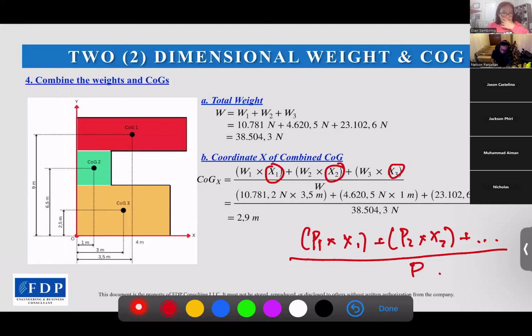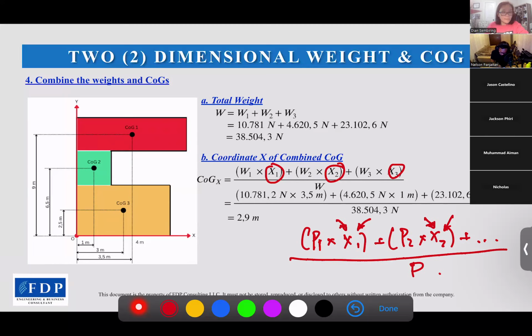So for the COGX, we use the coordinate x here. To get the COGY, we use coordinate y here. That's the difference, but the formula is the same.